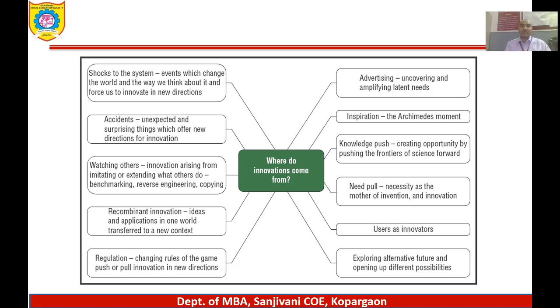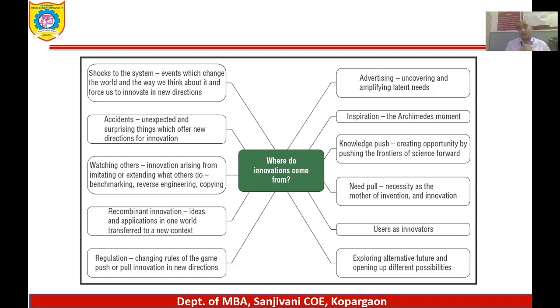These are some of the things which lead to shocks to the system, and which can change the world with the way we think, and it forces us to innovate new directions. So organizations need to change from their existing processes to the new, because they need to revamp. Then there are some unexpected or surprising things which offer new directions for innovation.